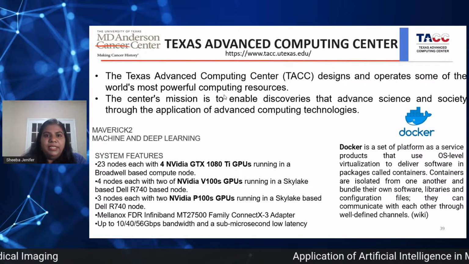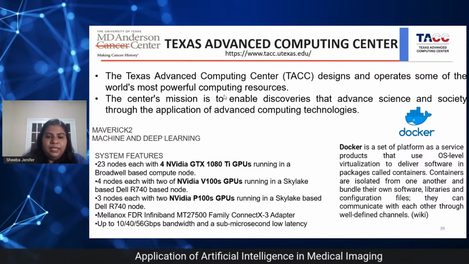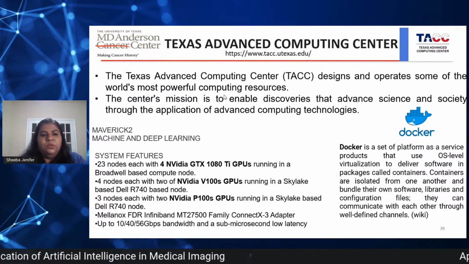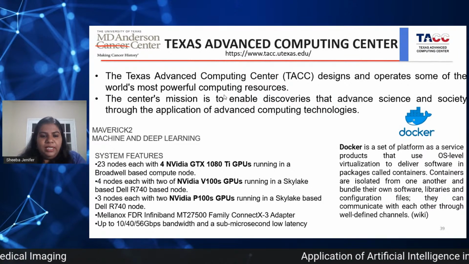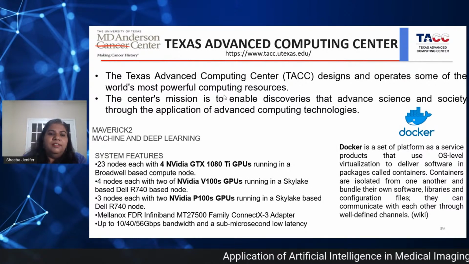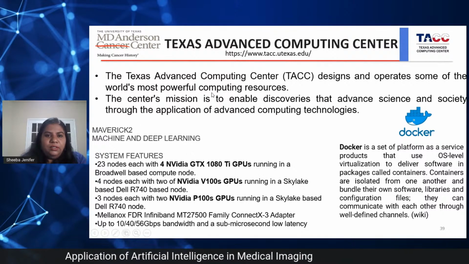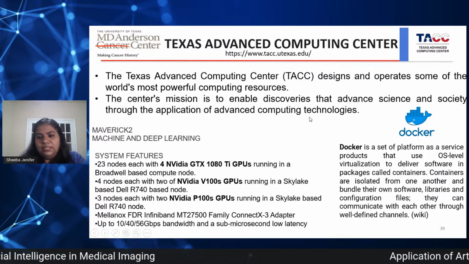All the Texas Medical Center computations and research work can be done in that center. We usually connect virtually to their machines and run our programs, training different models for our analysis. You can visit the TACC website to learn more about the center.